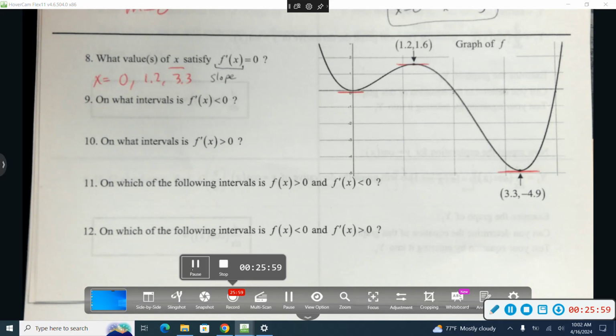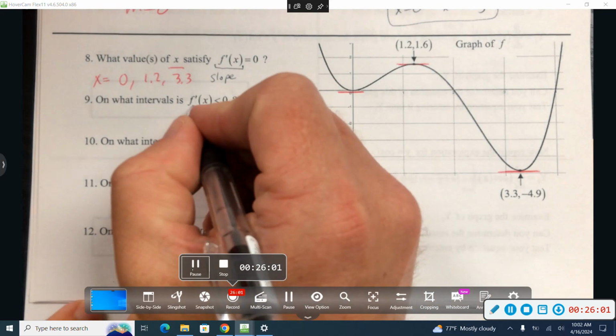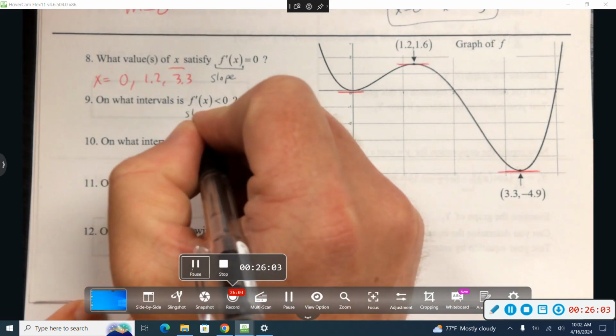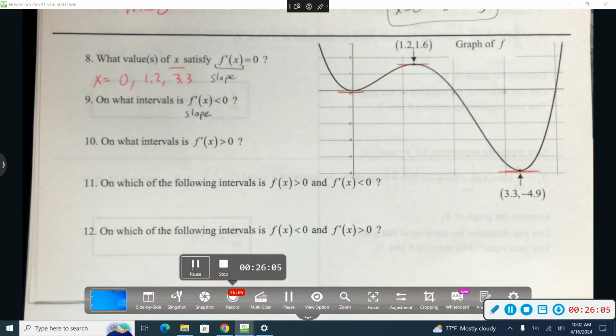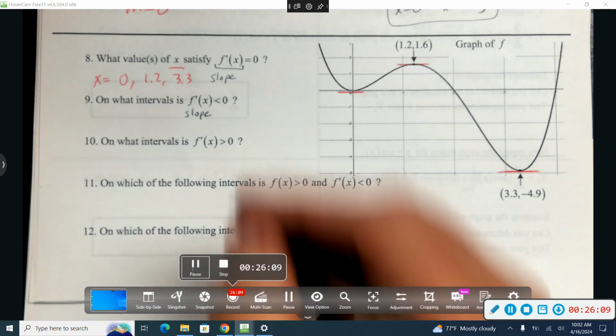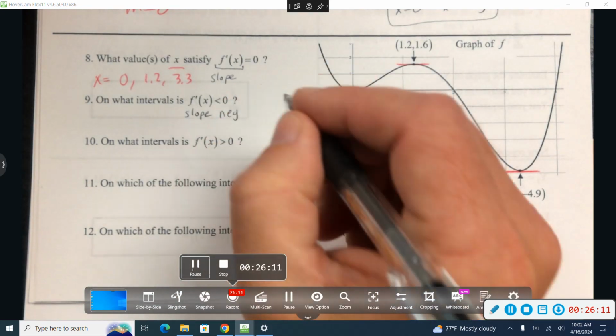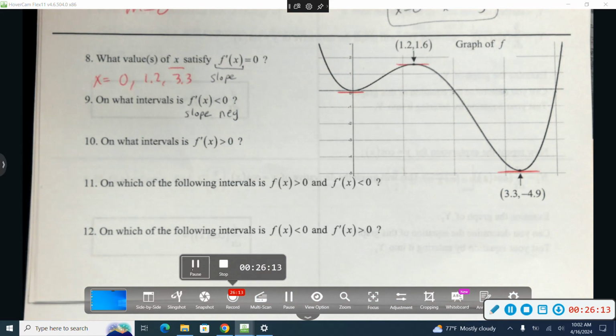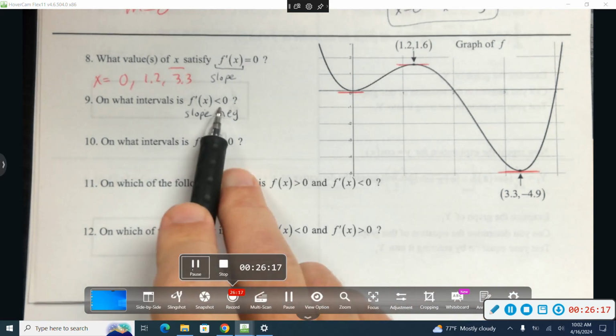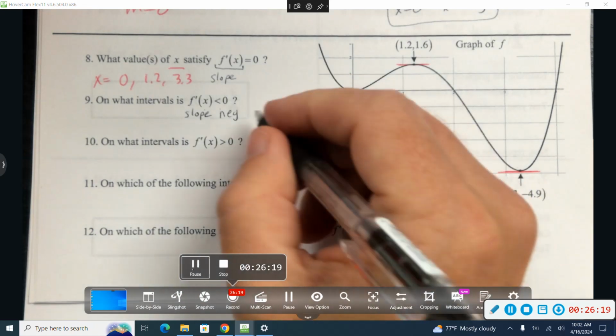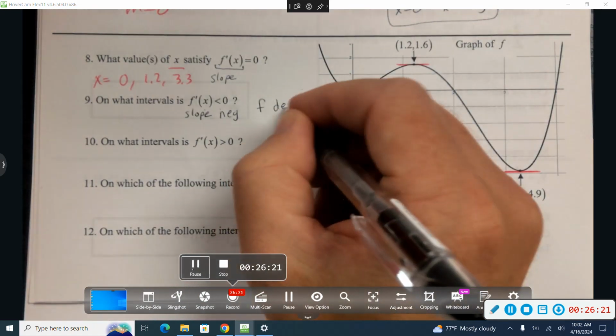On what intervals is f prime negative? Again, when I see derivative, my brain needs to think slope. So where is the slope negative? Well, if the slope is negative, I want my function to be decreasing.